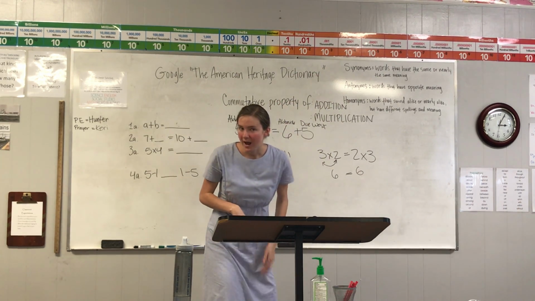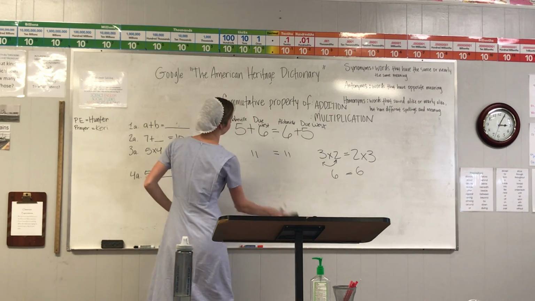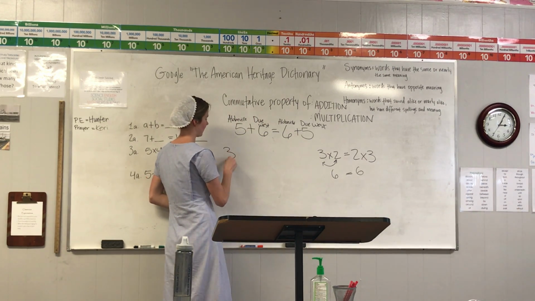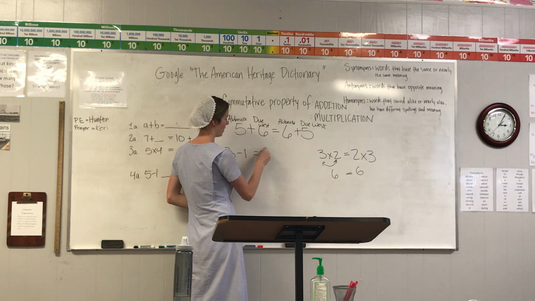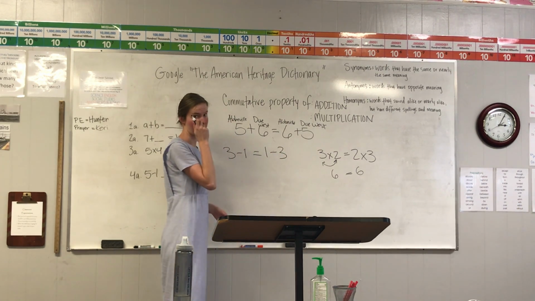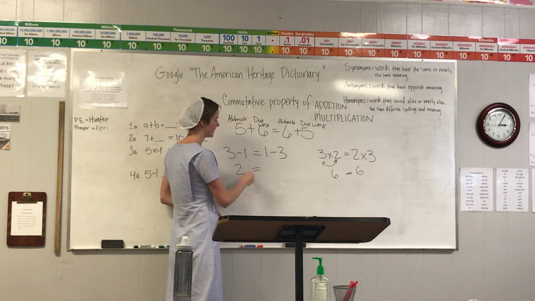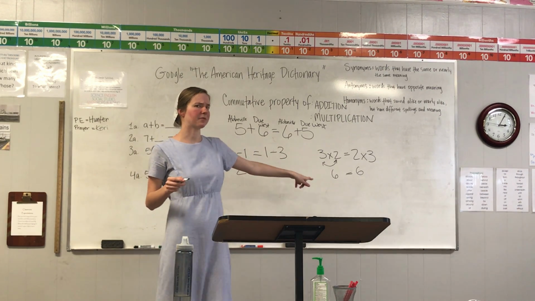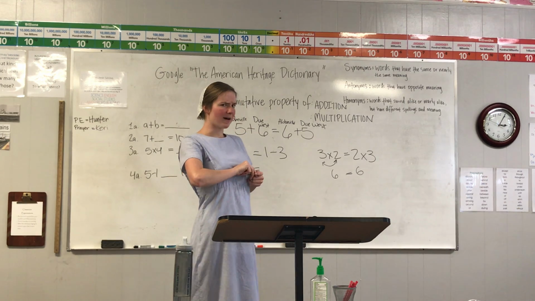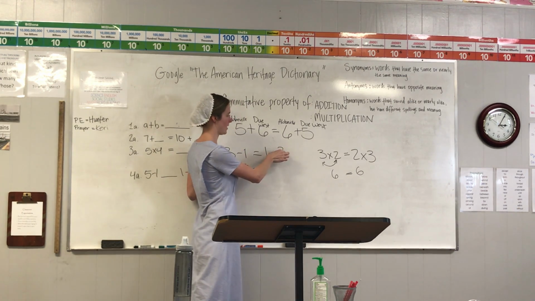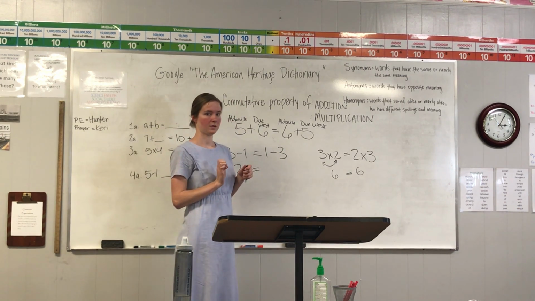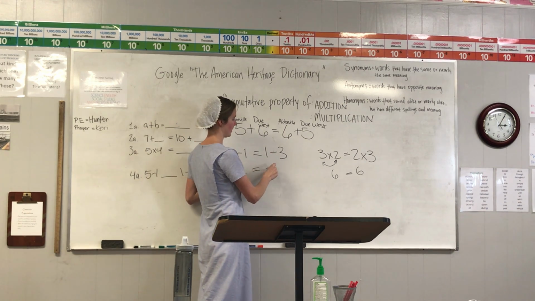Why doesn't it work for subtraction? Let's try it. Let's say we have 3 take away 1 equals 1 take away 3. We just switched it. So let's see if it works. 3 take away 1 is 2. 1 take away 3, that's a little bit hard, but think about we have negative 3 and we have 1. So our answer would be negative 2.